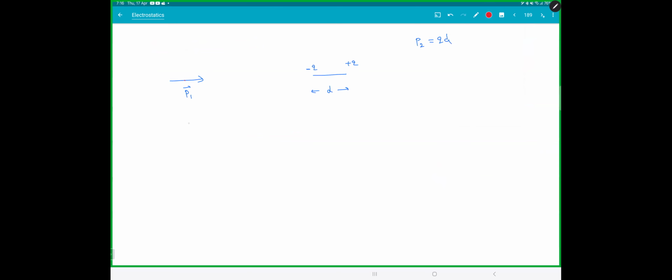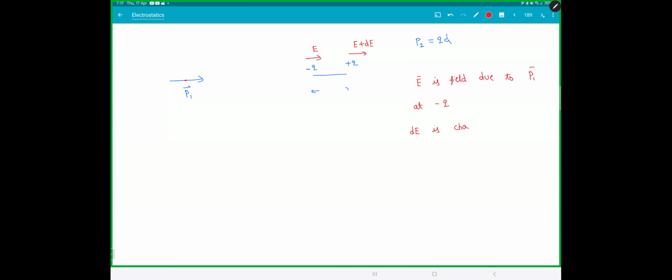So from here to here, one way is this. Due to this dipole at this point, let the field be E, and let the field here be E plus dE. So E is the field due to P1 at minus q, and dE is the change in field due to that small distance.